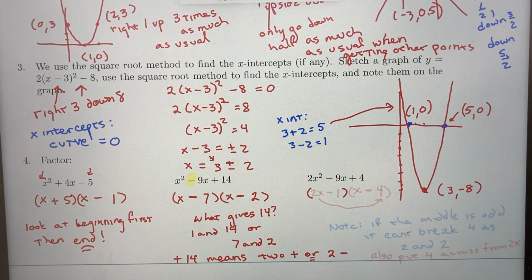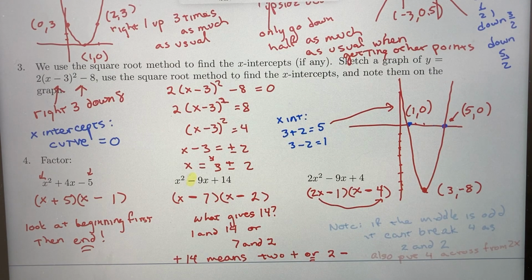This one, looking at the beginning, we have 2x and x to get me 2x squared. In order to get 9 in the middle, I think I'm going to need to pair it up so that the 4 goes with the 2x and then 1 with x. So negative 8x and negative 1x, that's going to be positive 4.